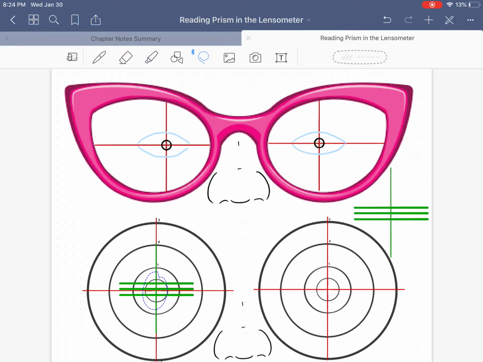And if we want base in prism, we move the base in along this line, straight along this line. If we have just straight base in prism, we move it in along this line. If we wanted base out prism, we move it straight out along this line so that we don't have any up or down as well as out.